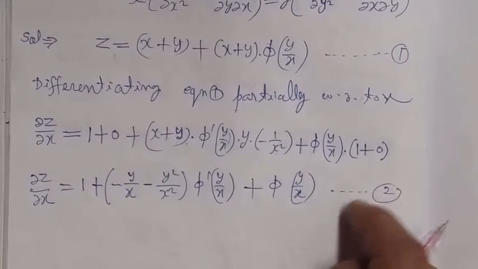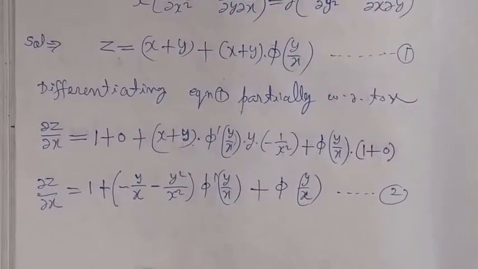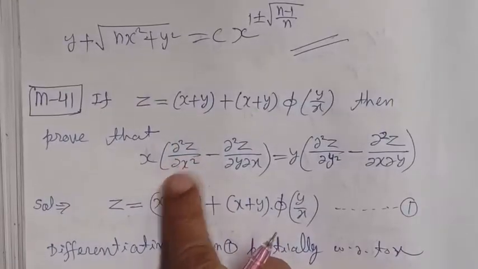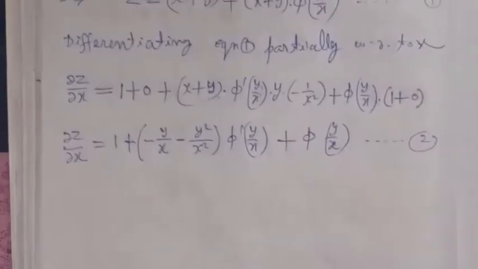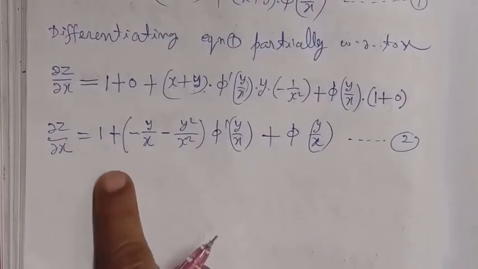We will use this equation for further differentiation, because we have to find the second derivative of z with respect to x square. So we have to differentiate this value with respect to x again.